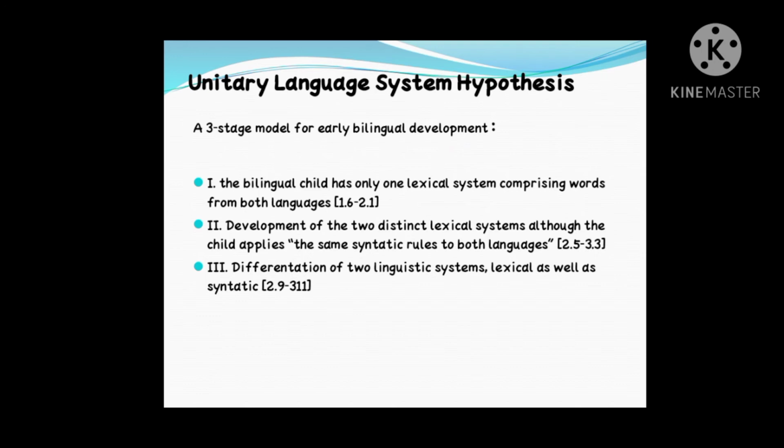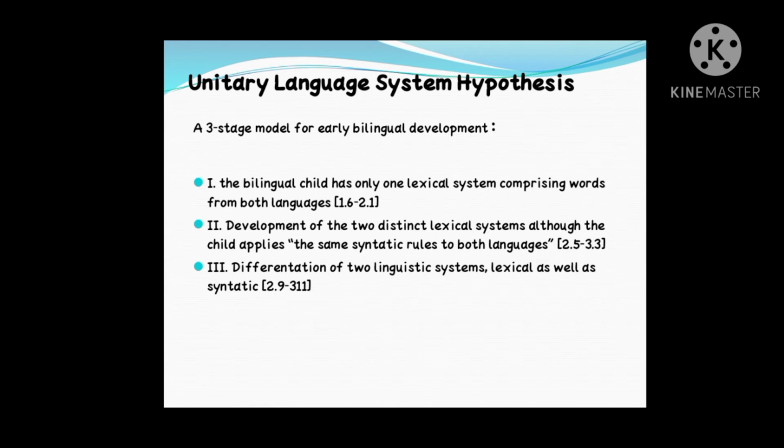No bilingual synonyms in early stages indicate inability to differentiate between two languages. The second stage is development of two distinct lexical systems, although the child applies the same syntactic rules to both languages. The languages become distinct, with development of bilingual synonyms and equivalences, but with the same emerging syntactic rules applied to both languages.